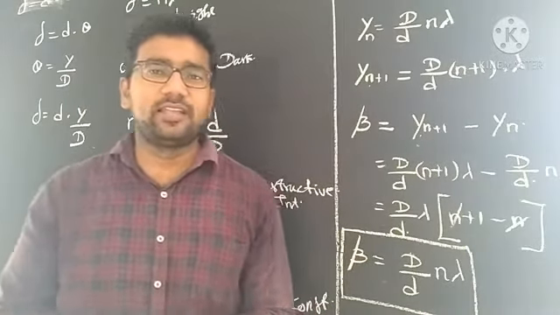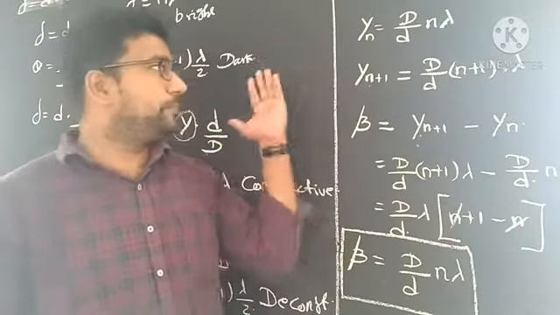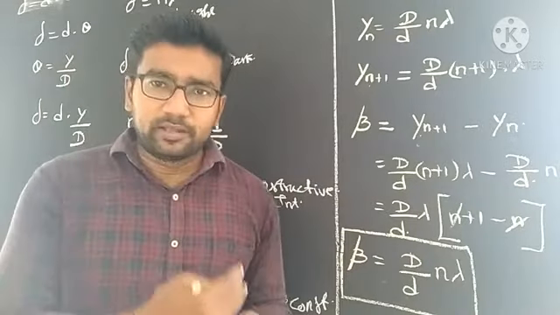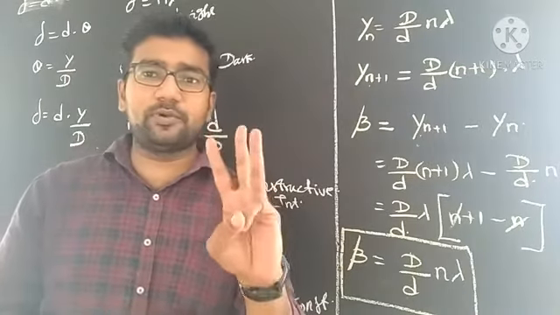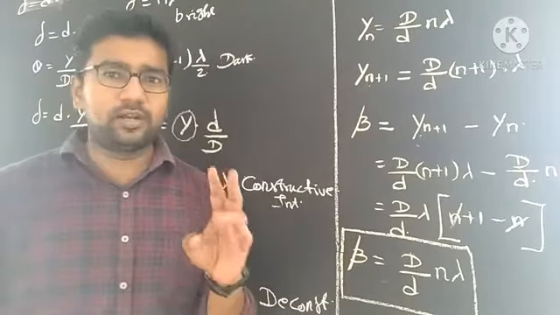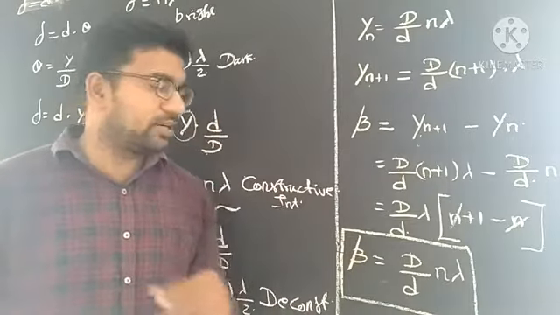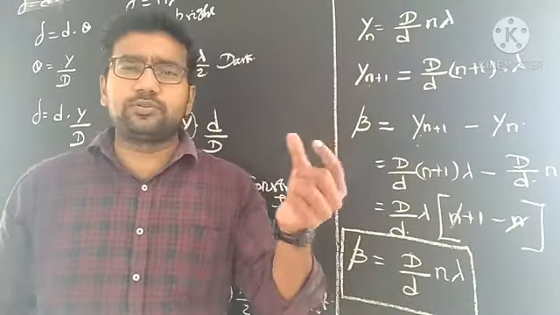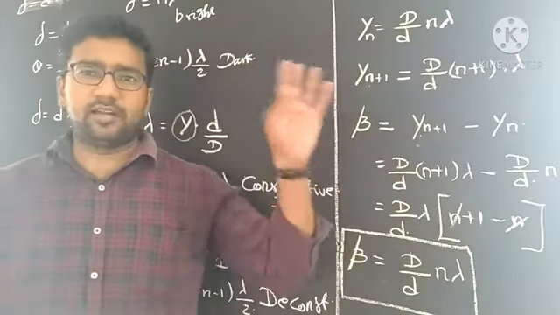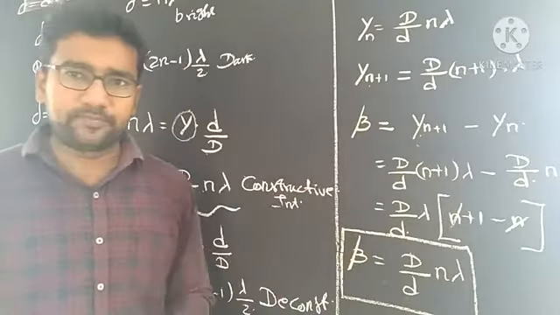So to get a good bandwidth for interference, use the maximum wavelength, maintain a large screen distance, and keep the distance between the two slits very narrow. These are all the conditions to achieve a large bandwidth. Okay, students.